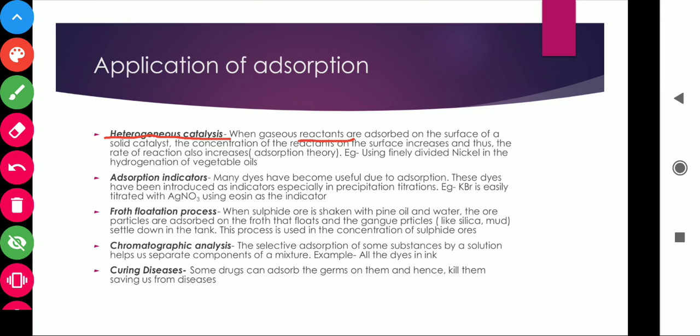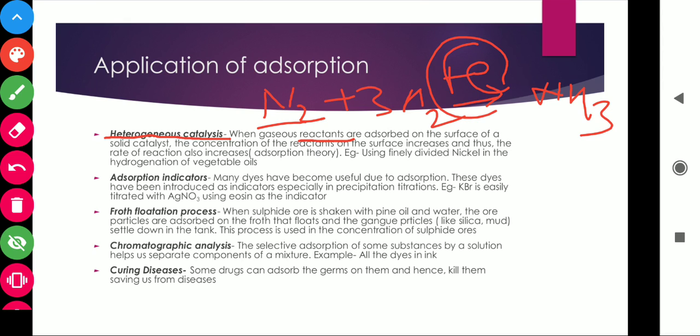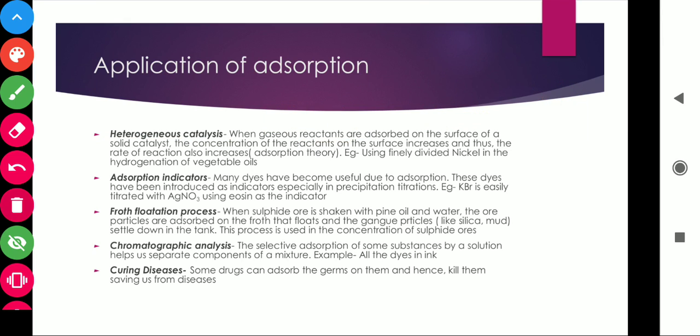For example, N2 plus 3H2 gives NH3. Here the catalyst is iron, while the reactants are gases. So iron adsorbs these gases to form the product.